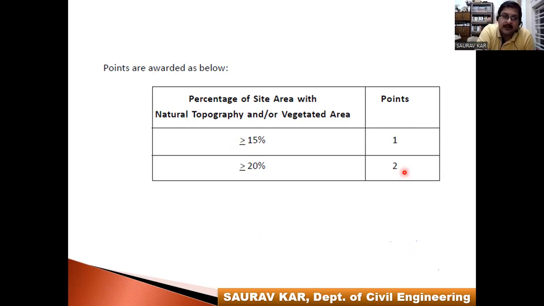Now, among 1000 square meter, if you have almost 200 square meter, extensively, the provision is there for greenery, then it will be 2 points. Okay, because from the greenery, oxygen production will lead to that. So it's a very nice, natural area.